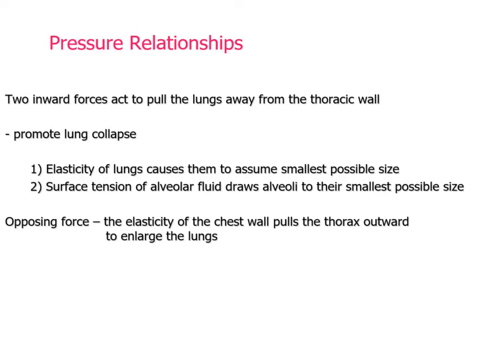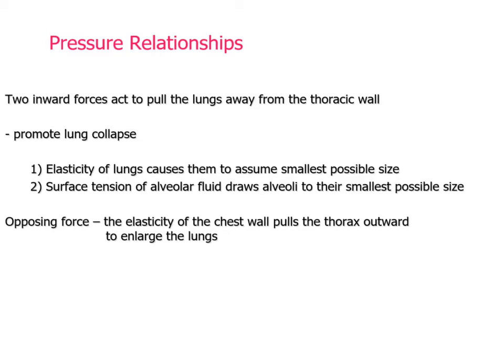The key factors that are acting to pull the lungs away from the thoracic wall and are promoting lung collapse are the elasticity of the lung tissue. They tend to assume a smallest size unless maintained by pressure differences and inhalation.